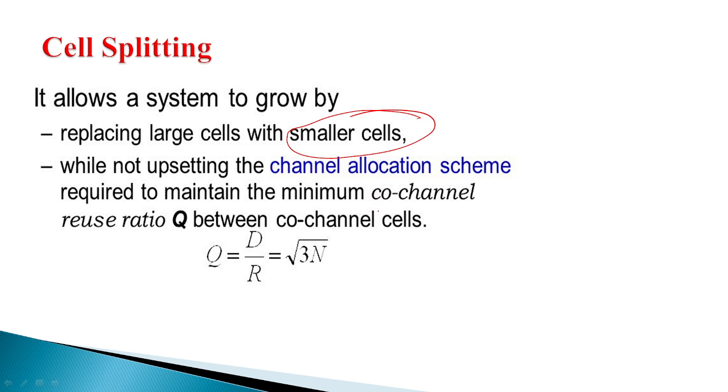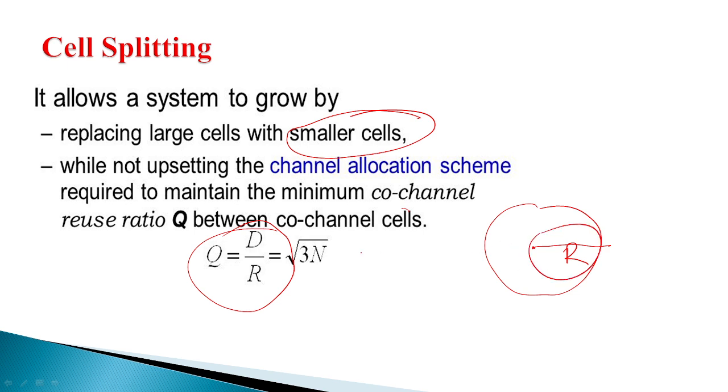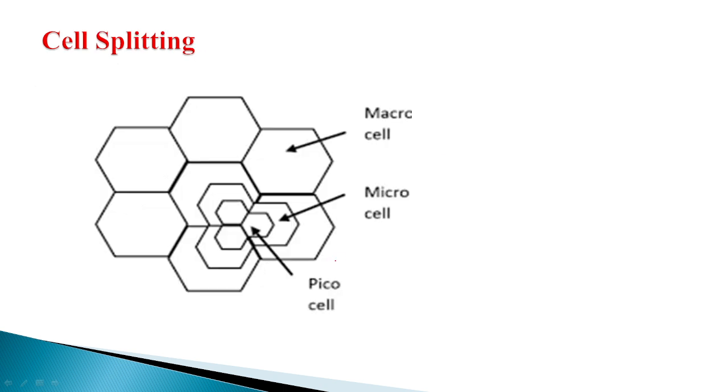But it is required to maintain the minimum co-channel reuse quality factor, which depends on D by R. Here D means the distance between two co-channel cells and R means the radius of the cell site. If D is more, the quality factor increases. If D is less, the quality factor decreases.